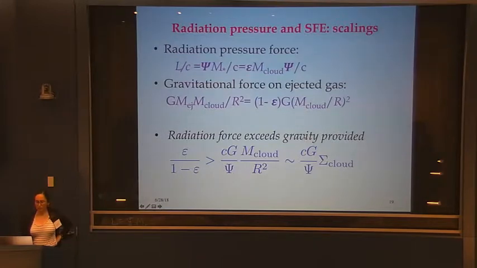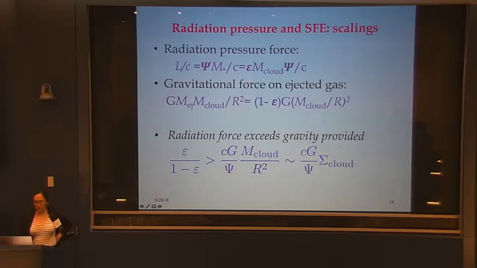Then you can write that in terms of the mass per unit area, this is M cloud over r squared. So if you equated these outward force and inward force, you would find that the efficiency has to exceed this value. And that's what I wrote down a few slides ago.